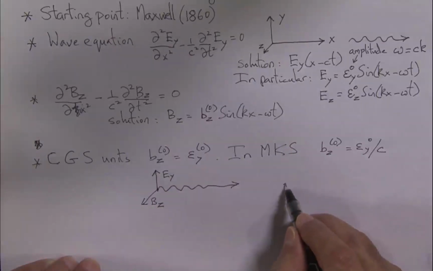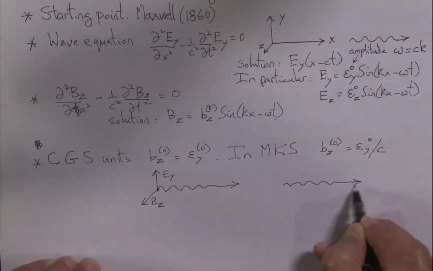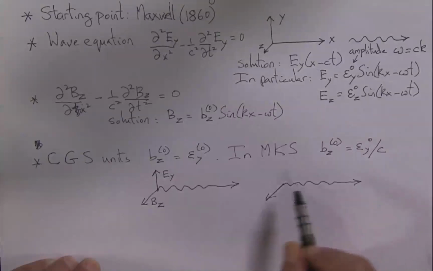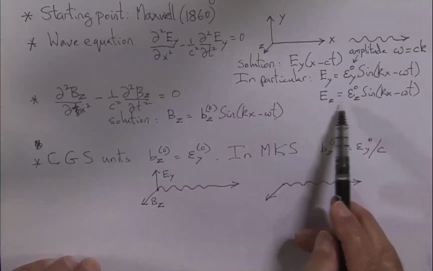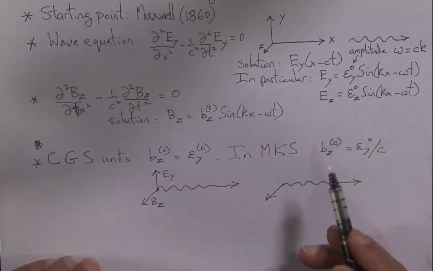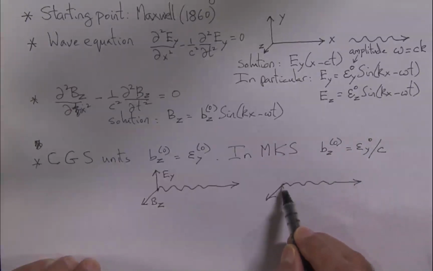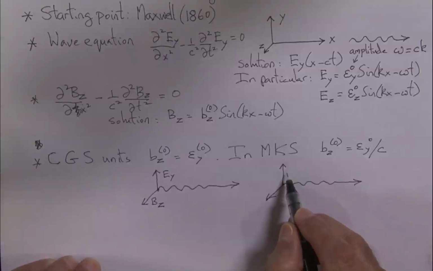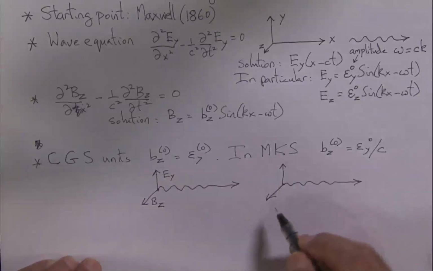On the other hand, if you have a wave that has the electric field in the z direction, then the magnetic field will be in this direction. So this will then be the magnetic field and this will be the electric field.